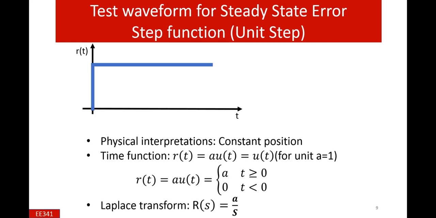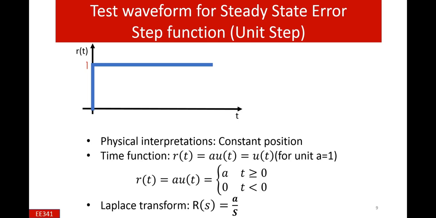The next one is the step function or unit step function. This blue line represents the step function. If the height of this function is 1, then we can say this is the unit step function. This is also used to analyze the steady state error.